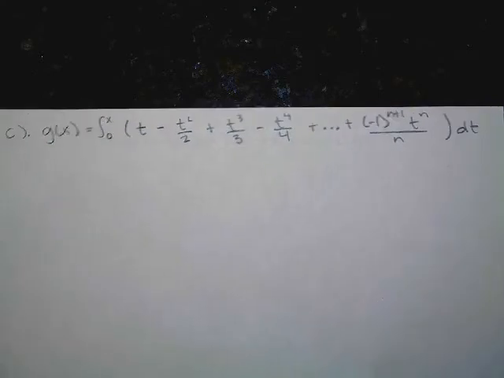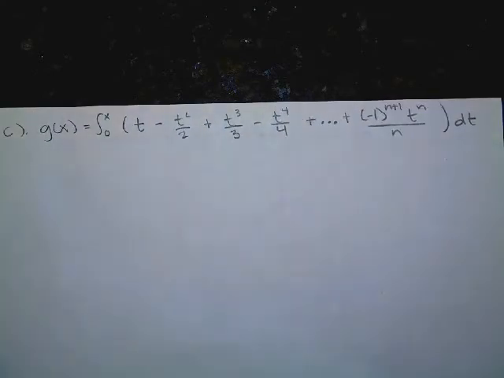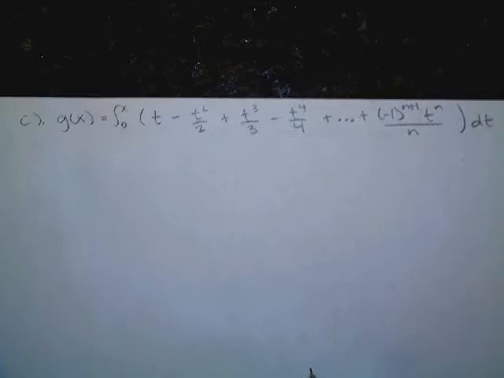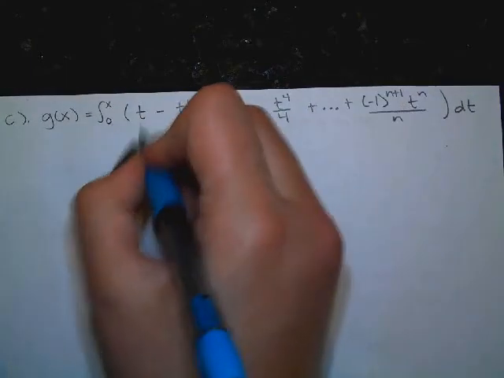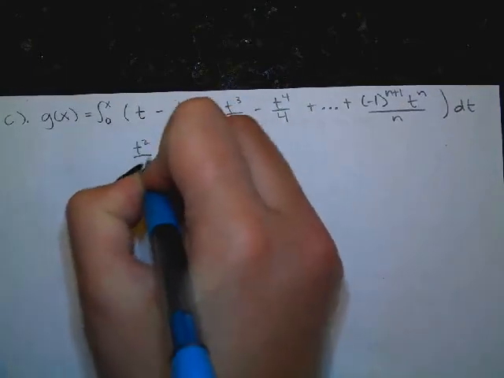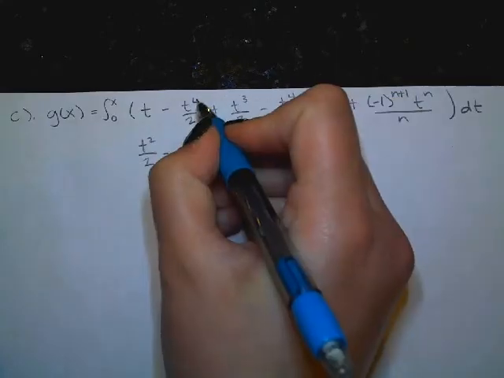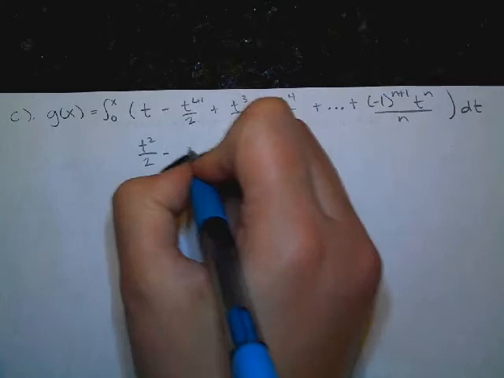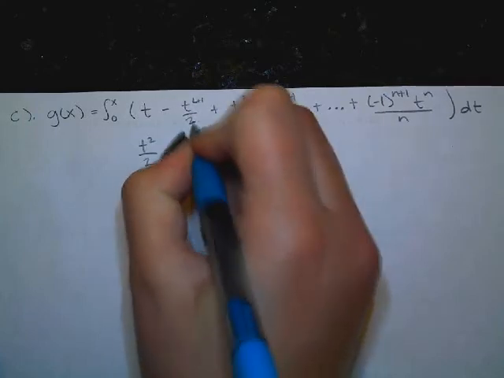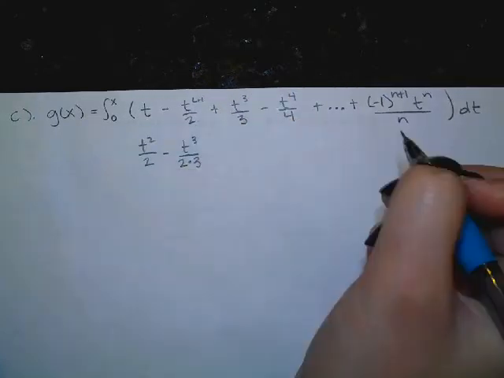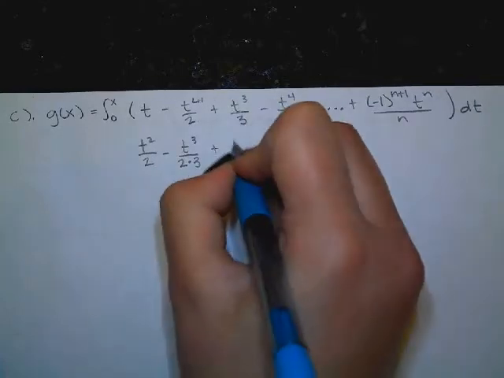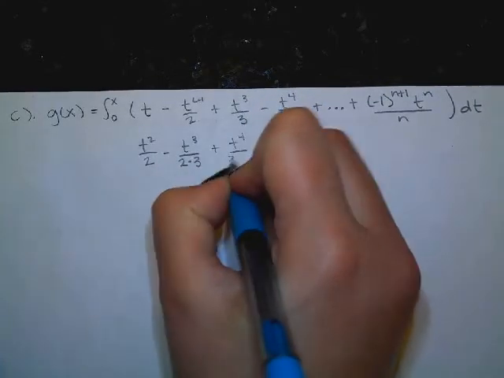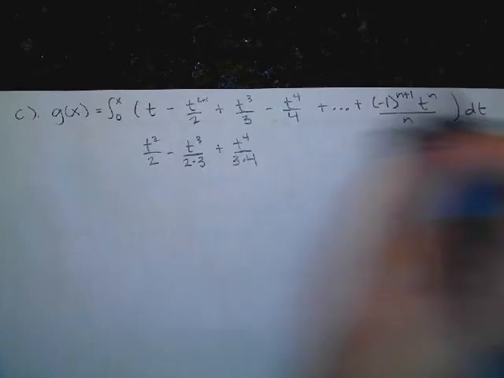Okay, so if I go ahead and integrate this, this part is going to be t to the second over 2. This is going to be plus 1, so that's going to be an exponent of 3, and I'm going to divide by 3. So that's t to the third over, it still has the 2, but now it also has a 3 on the bottom. T to the fourth, it still has a 3 on the bottom, but now it also has a 4 on the bottom.